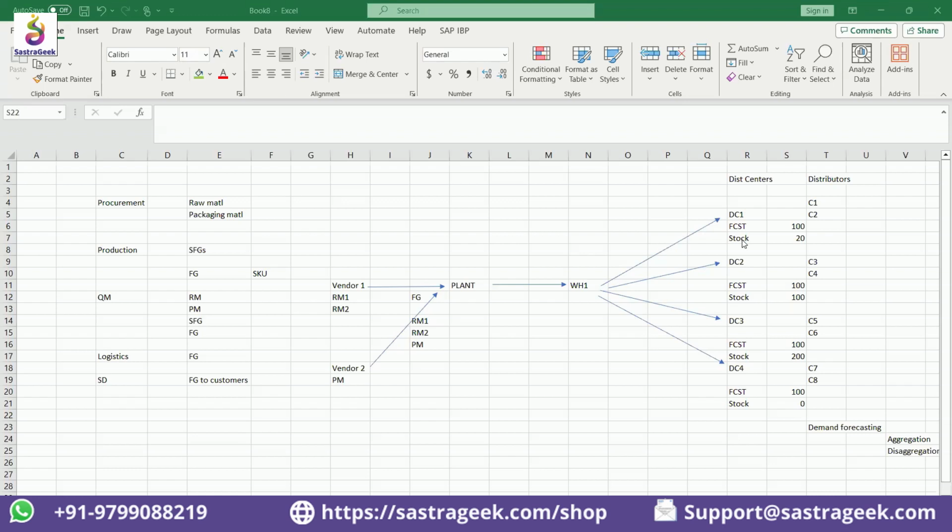Okay. Somebody within your organization should be able to identify this net requirement calculation and say how much shortage exists at each downstream location, which needs to be fulfilled from the supplying location, right? It is the responsibility of your supply planner.